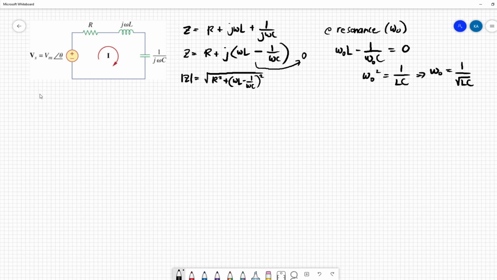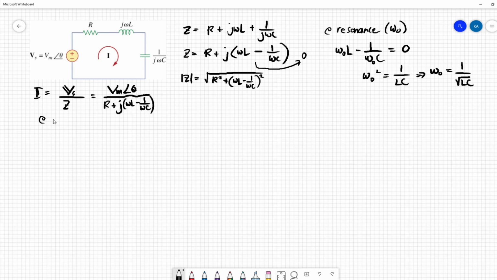Now, solving for I, we have I equivalent to Vs over Z. We have Vm angle θ over R plus j(ωL minus 1 over ωC).